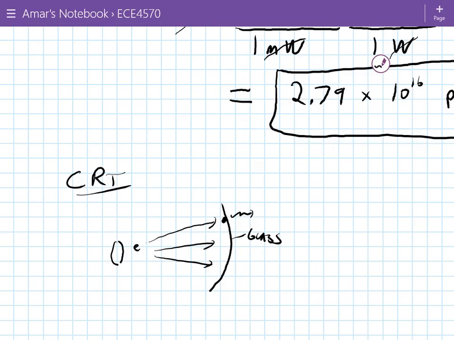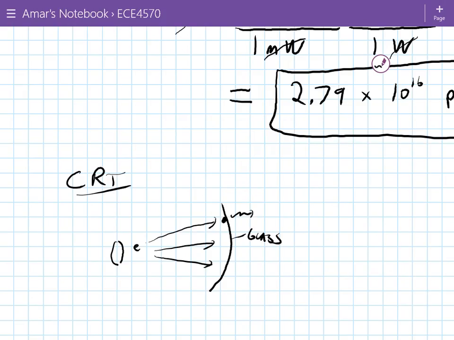So the phosphor is what gives off the photons. And the electrons were raster scanned back and forth to generate an image on the TV. Unfortunately, this type of technology was quite bulky and heavy, hard to scale up to large TVs.